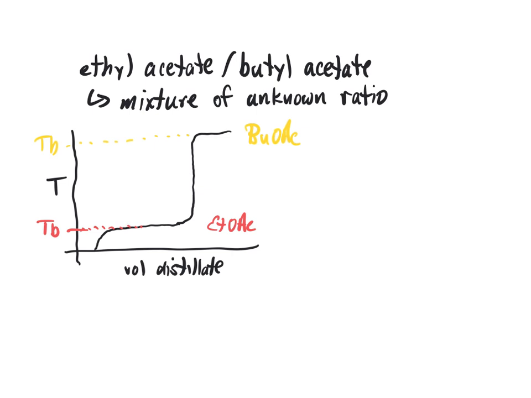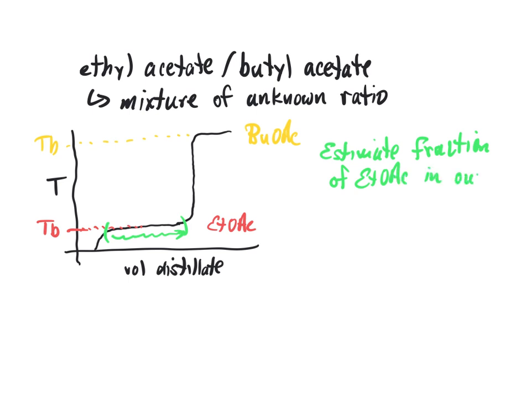And so what we want to do then is take this collected volume, where it's clear, and use that as an estimate. We want to estimate the fraction of ethyl acetate in our original mixture.